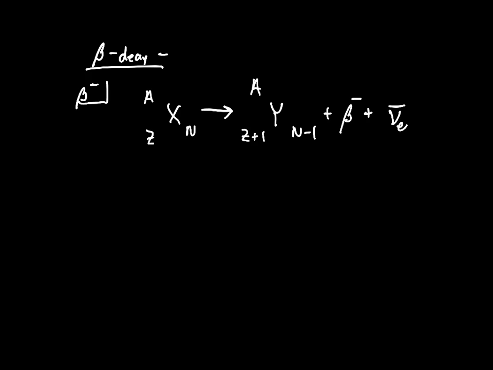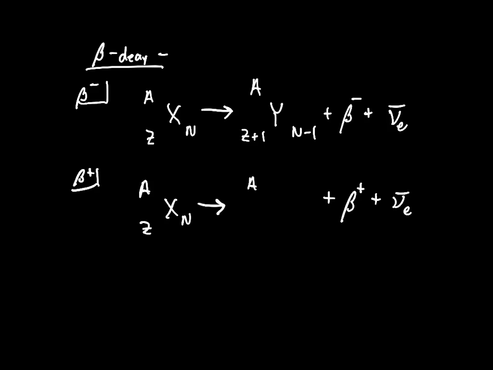We could also have beta positive decay. So we can have A, Z, X sub n. We're going to add a beta positive particle. So instead of getting out an electron, we're getting out a positive electron.